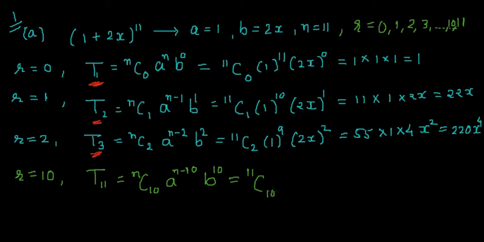So 11C10, a is 1, raised to 11 minus 10, that is 1, and 2x raised to r, r is 10. If you simplify, 11C10 is going to be 11. 1 raised to any power is 1, and 2 raised to 10 is 1024, because 2 and x both get power 10 since the power is outside the bracket. So 2 raised to 10 is 1024, and x raised to 10 is x raised to 10.